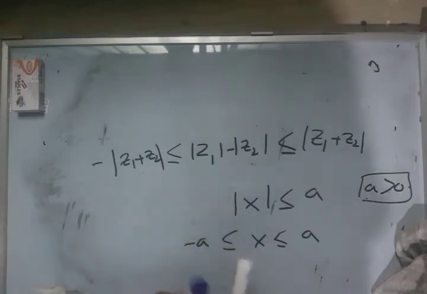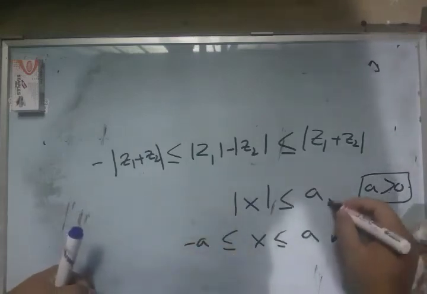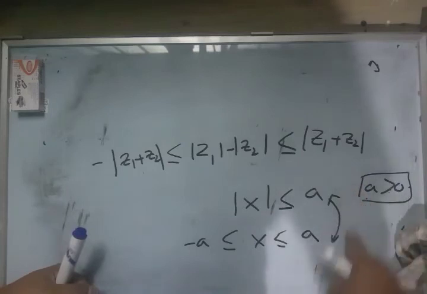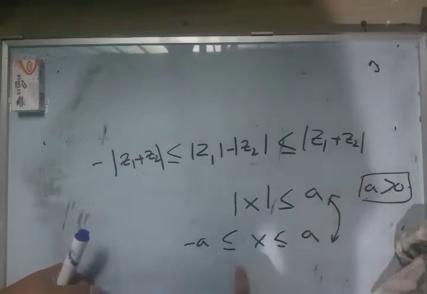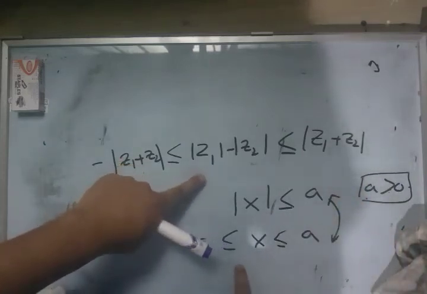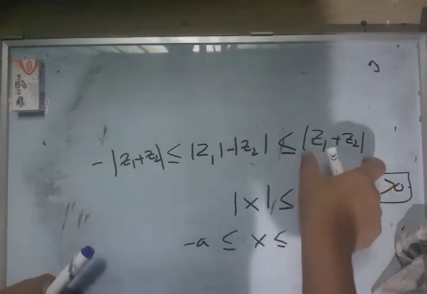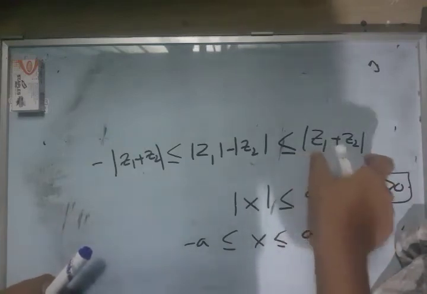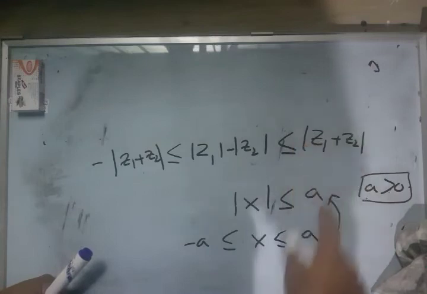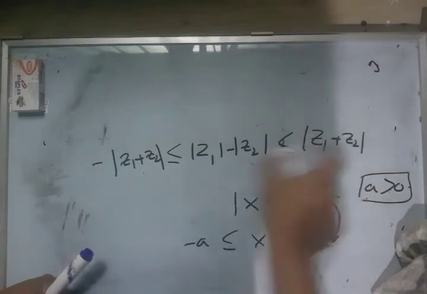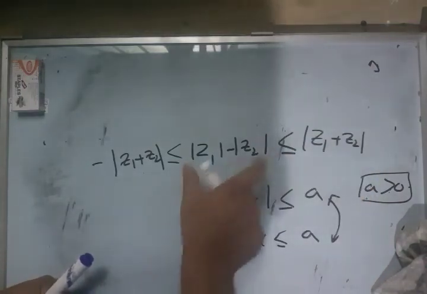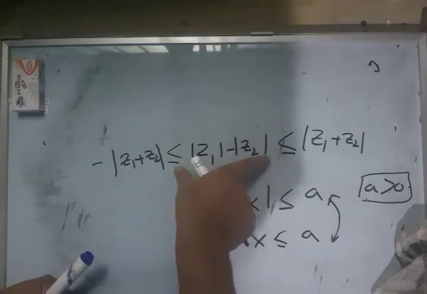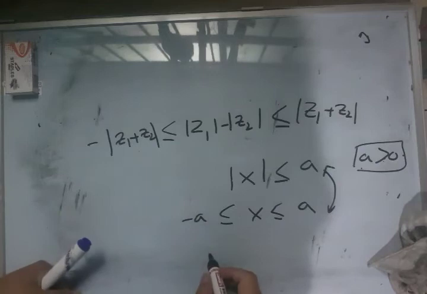So now you can go either way, from here to here or from here to here. Now you have obtained this relationship. The modulus always gives you a positive value. So now think of this as a. Here you have a and minus a. So you can write this double inequality in a short form, such as the modulus.